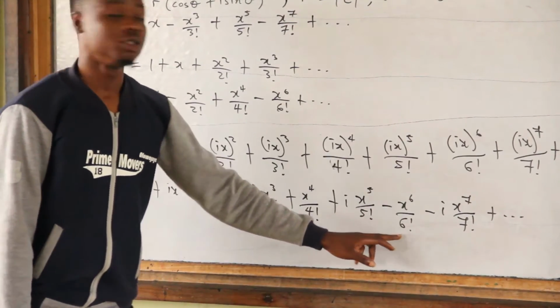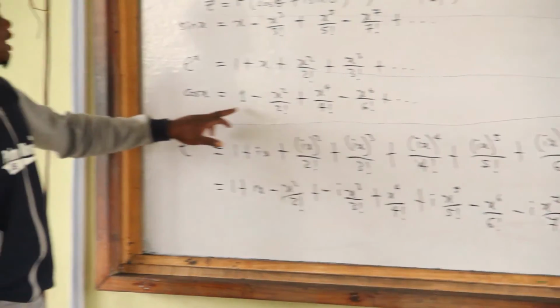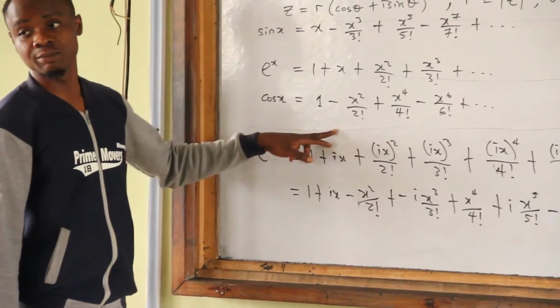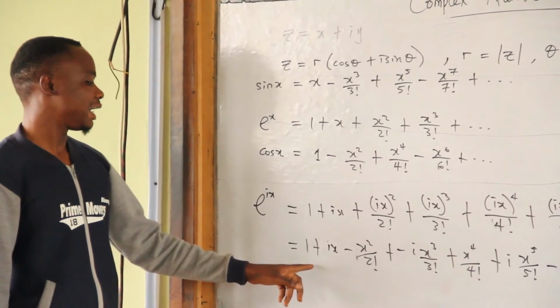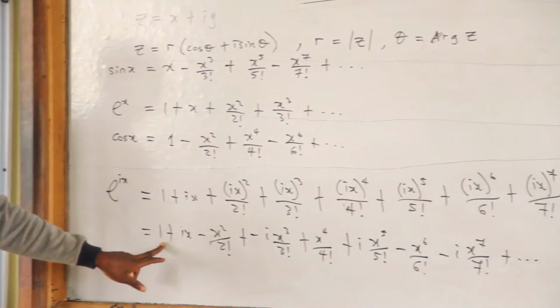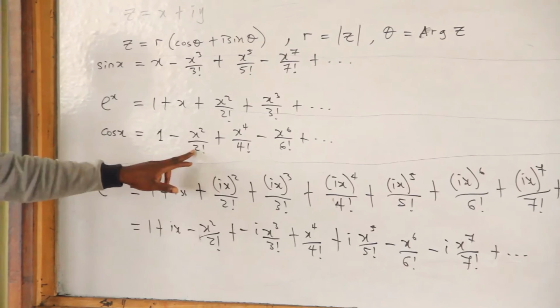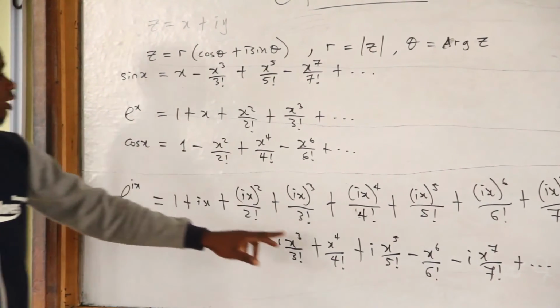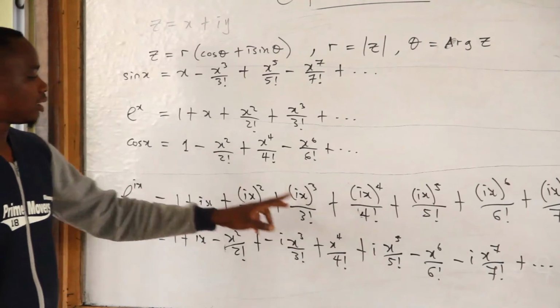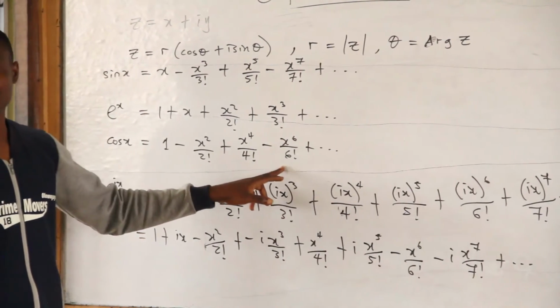You see that those are the same as the terms you have for cos x. Is it making sense? The terms that don't carry i are 1 minus x squared over 2 factorial, plus x to the power 4 over 4 factorial, minus x raised to power 6 over 6 factorial.